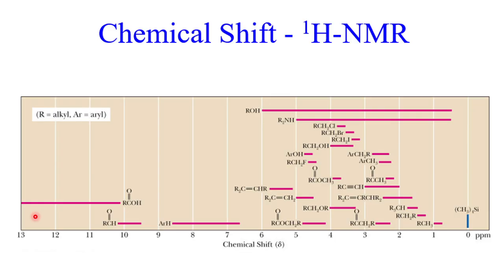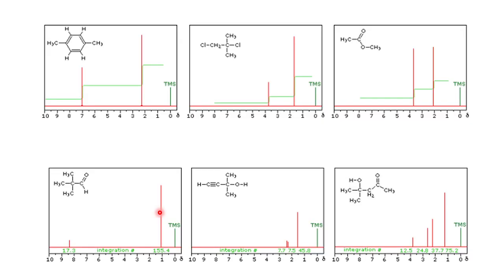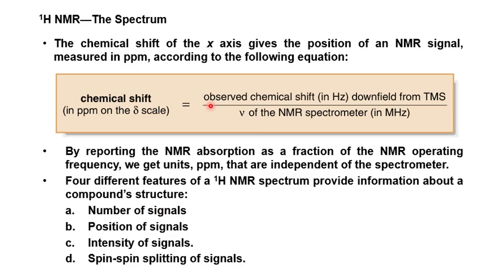You may use 300 megahertz, you may use 500 megahertz. It will not change, because here I have shown you that we are representing delta, the difference between the sample and your TMS divided by the frequency of your NMR spectrometer. So whether it is 300 megahertz or 500 megahertz, the delta value will not change, because it is per unit megahertz.